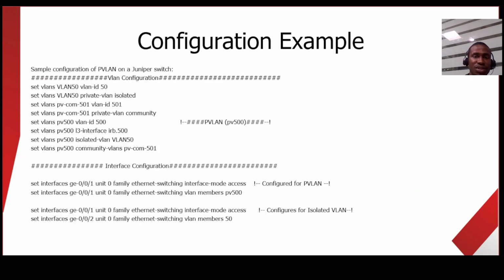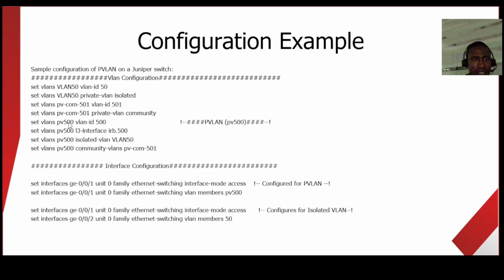So configuration. This is majorly Juniper set. So sample configuration PVLAN VLAN. I'll paste this config in the description part of the video. Set VLAN 50. So VLAN 50 is our vlan-id 50, private VLAN isolated. pv-com 501, that's our private VLAN community.